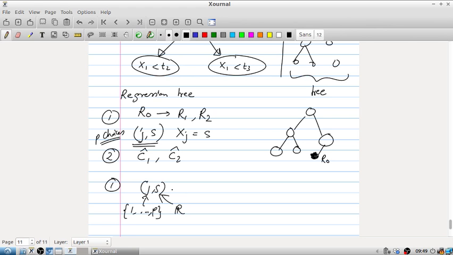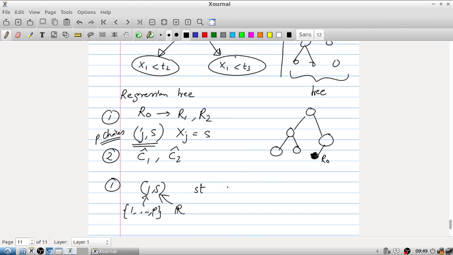So we'll just choose j and s such that a particular objective function is minimized.